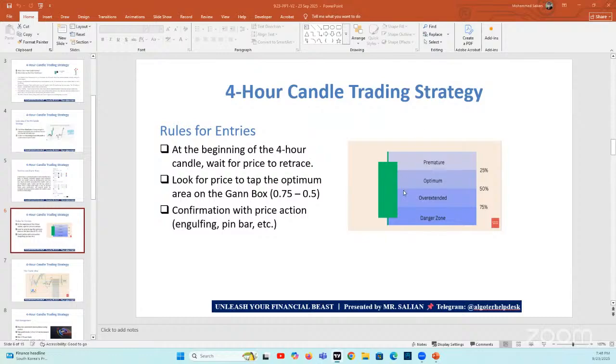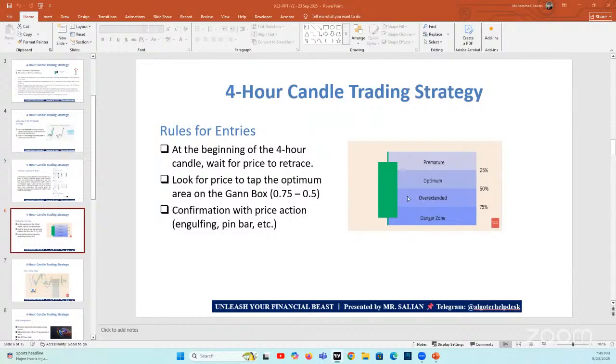But now, yeah, it was green, but now it's going red. Just imagine it will be a red 4-hour candle going down. Now it will reach this danger zone. It means danger zone. This is the last area where you cannot think of buying.